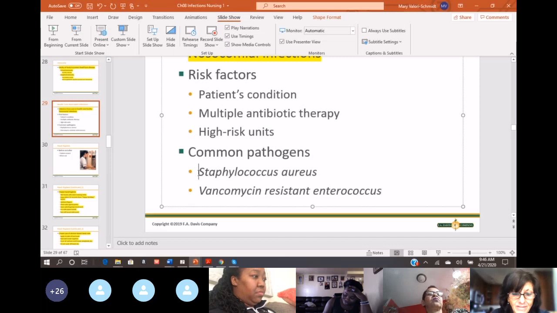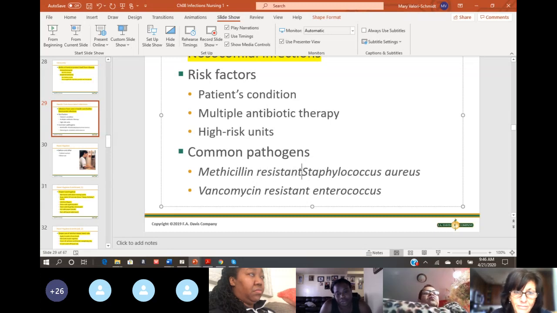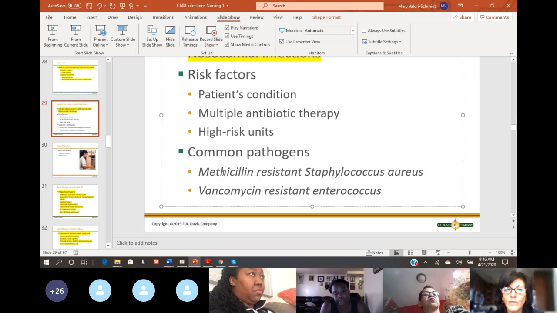I'm going to make this methicillin-resistant. Okay. These two infections here, methicillin-resistant Staphylococcus aureus and vancomycin-resistant enterococcus.